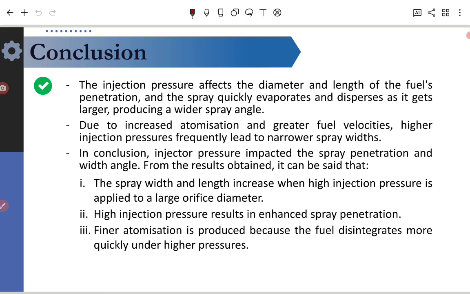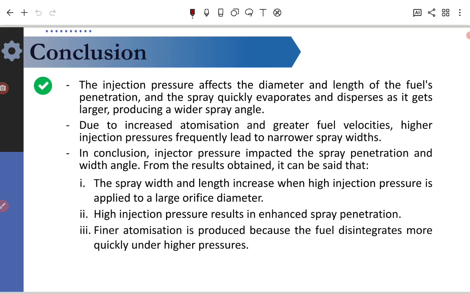The fuel spray spread after exiting the injector nozzle is called the spray width. We can measure the variation in spray width by adjusting the injection pressure. Due to increased atomization and greater fuel velocities, a higher injection pressure frequently leads to a narrower spray width. The coverage and distribution of the spray can be learned by measuring its width.